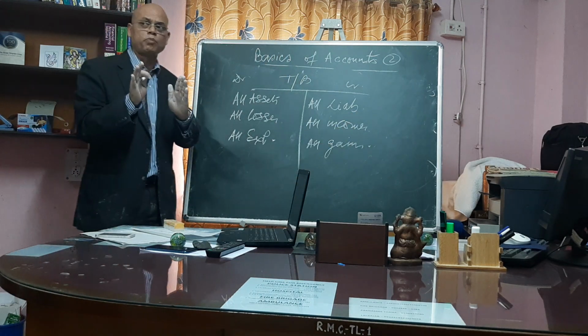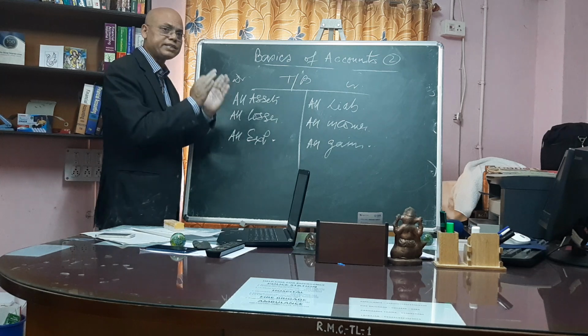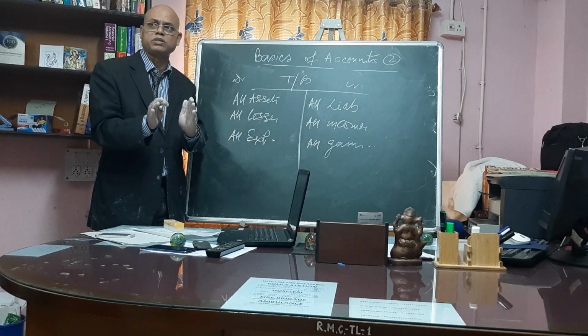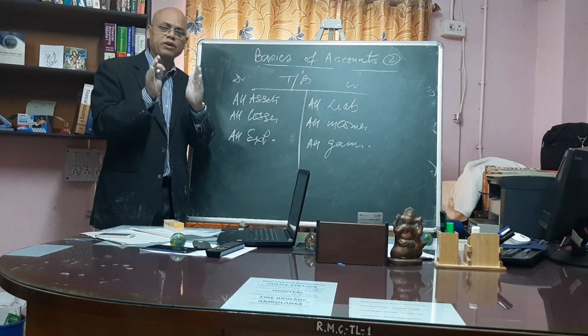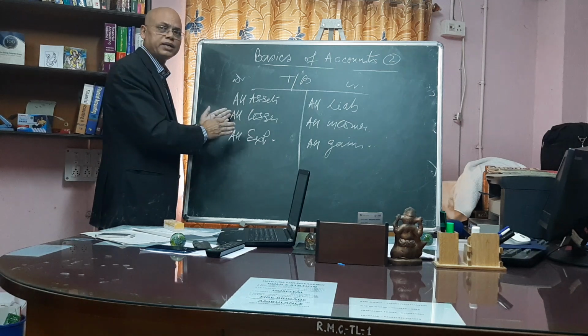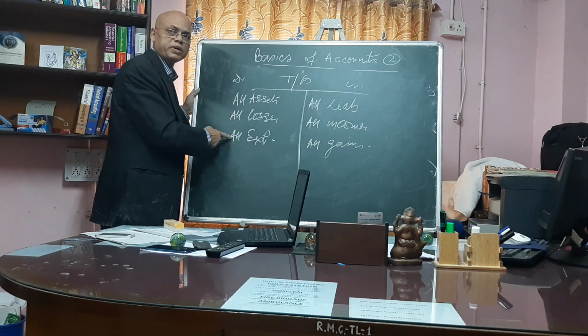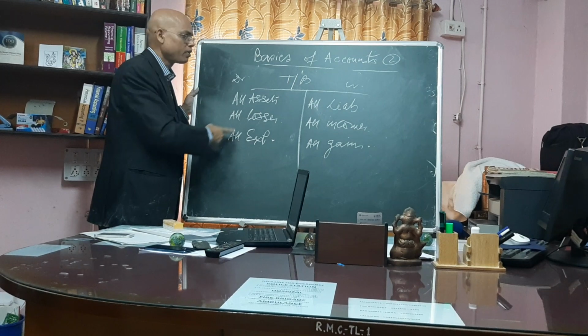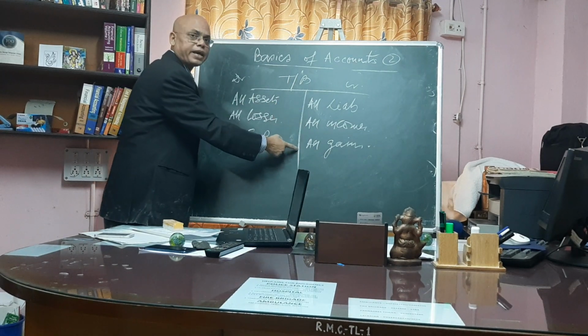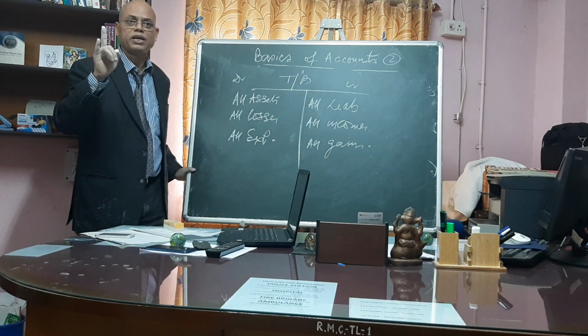Therefore, what is nature of balance? I am telling you very clearly, nature of balance is a very important concept in accounts, and every student should know that assets, losses and expenses will have debit nature of balance, and liabilities, incomes and gains will have credit nature of balance.